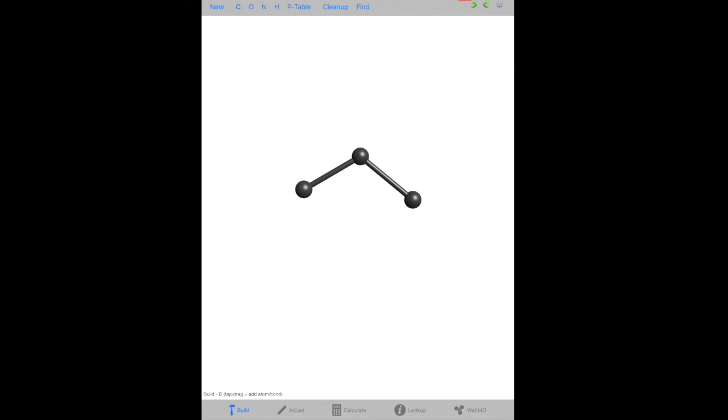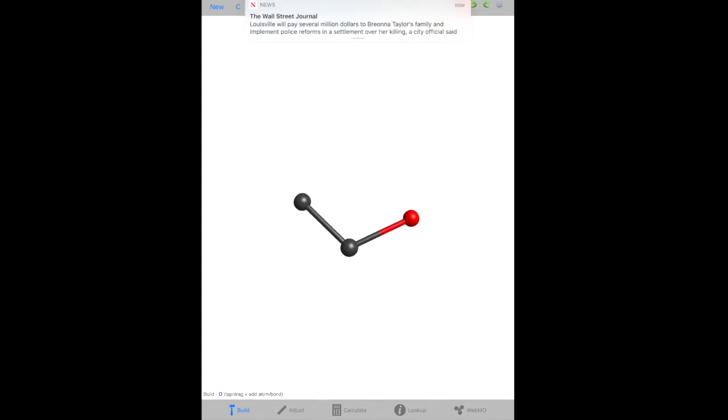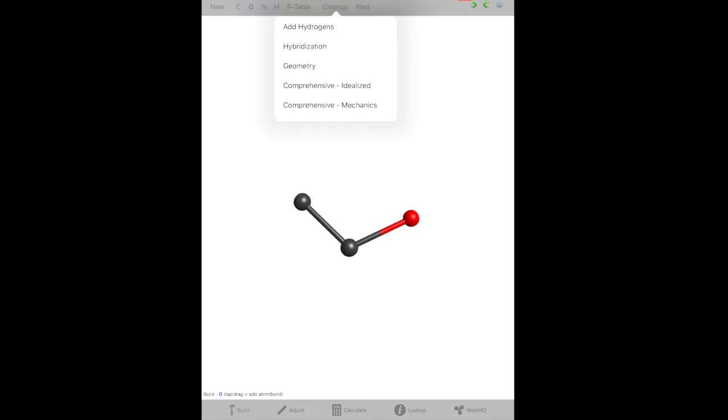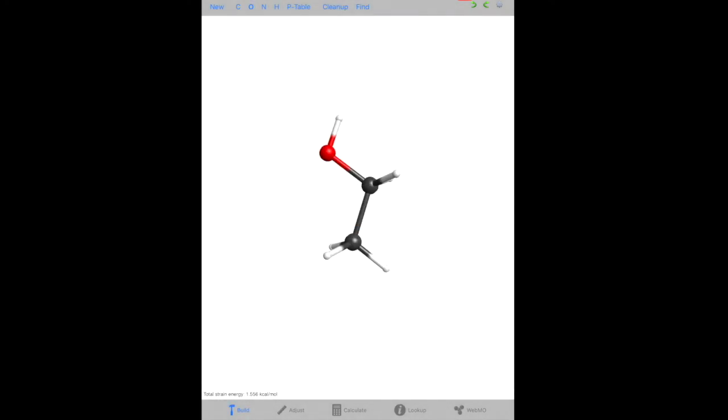Obviously, maybe slightly beyond the scope of the class, but you can draw out these molecules. As you can see, I just drew a carbon-carbon bond and then a carbon-oxygen bond. And what's really cool about this is, look at it right now, I haven't drawn any hydrogens or anything. What I can do is press clean up on the top. I'm going to click comprehensive mechanics and check it out.